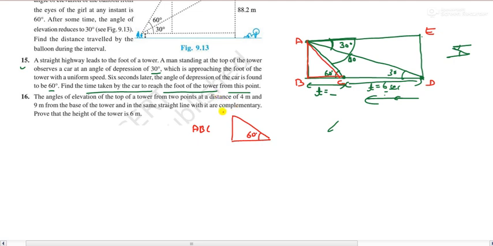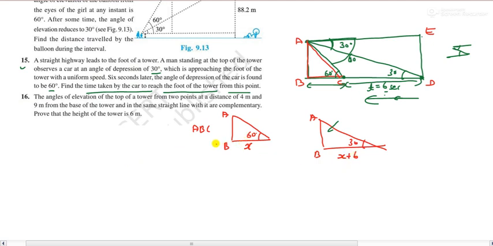AB we don't know, right? So I will take this as AB itself. This is T, time, we don't know, we need to find that. And this total is how much? Again this is 30, this is again AB, and this total is now T plus 6. Or else let me take it as X, that will be easier, because we always find it easier when the unknown value is taken as X. So this will be X plus 6.